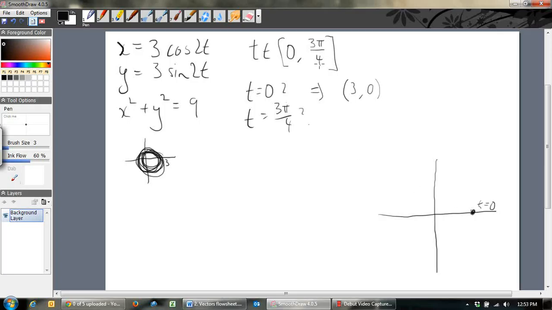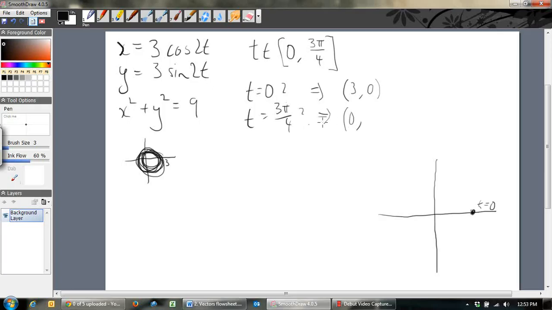Alright, what about the end point of our problem? Where does it finish? Well, it finishes when time's equal to 3 pi over 4. Let's substitute this in. What's the x value when time's equal to 3 pi over 4? 2 times 3 pi over 4 is 3 pi on 2. Cos of 3 pi on 2 is equal to 0. 3 times 0 is 0.